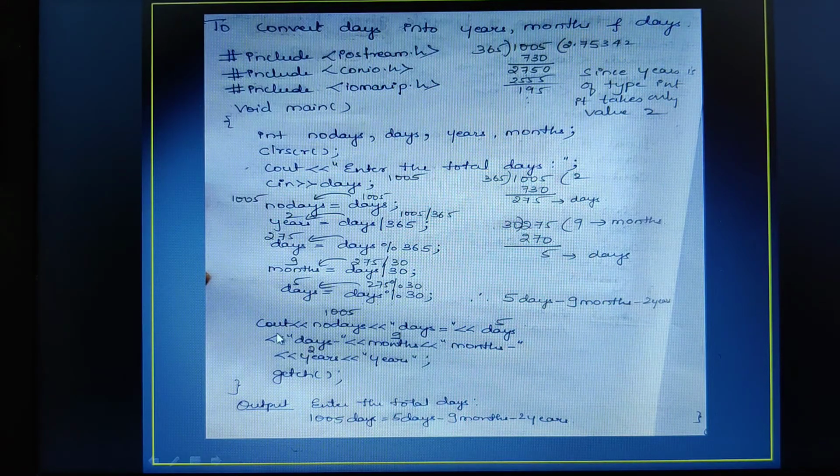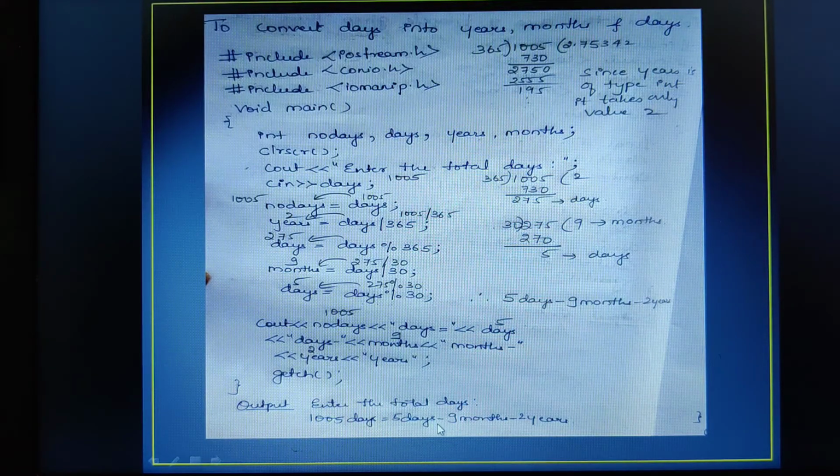So cout, I want the answer in terms of number of days. So 1005 is in a variable of number of days, followed by stream insertion. Then days is equal to days. When I use the variable, it is replaced with 5, followed by days hyphen.